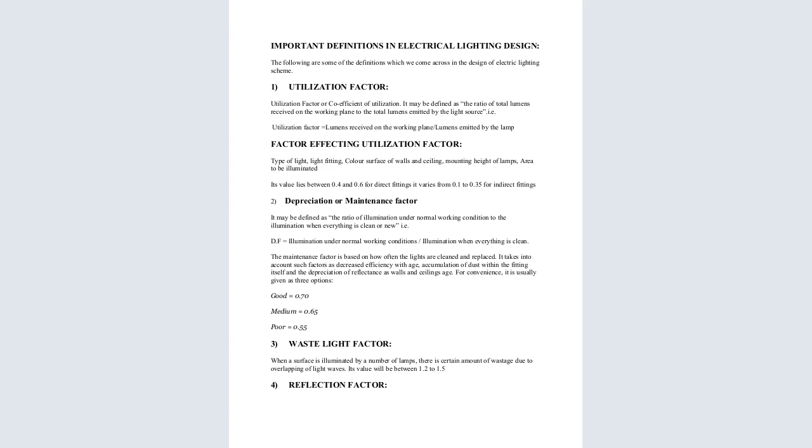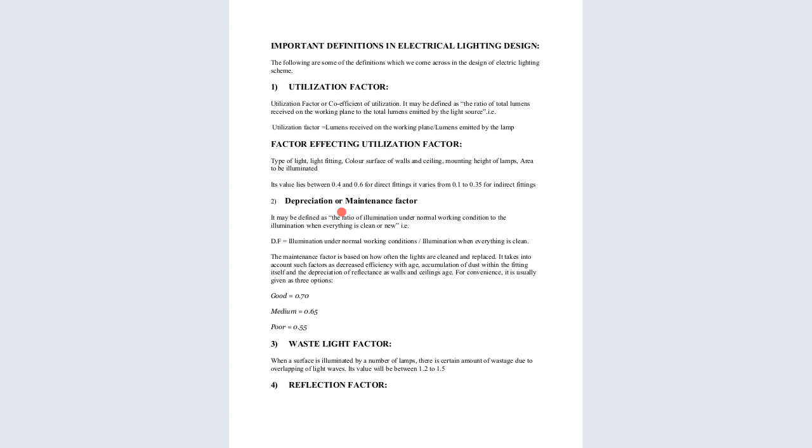There. Okay. Let me just repeat again. Thank you. So we had said these are the factors. We were talking about the important factors that are needed for a lighting design. We said there is the utilization factor, and there is the depreciation factor.